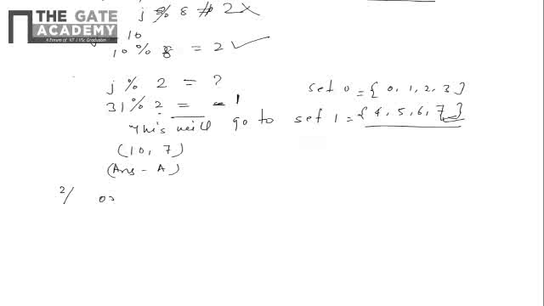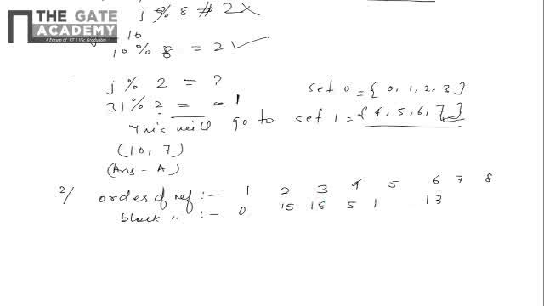The order of reference they have given is 1, 2, 3, 4, 5, 6, 7 and 8, and the block references are 0, 15, 18, 5, 1, 13, 15 and 26.